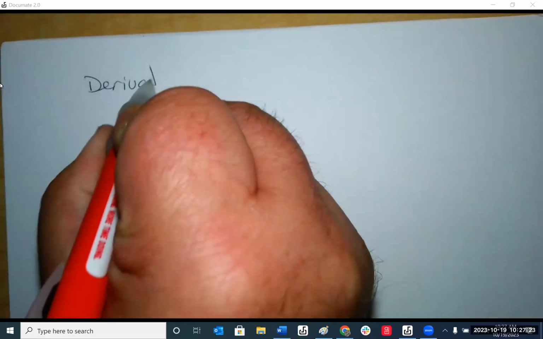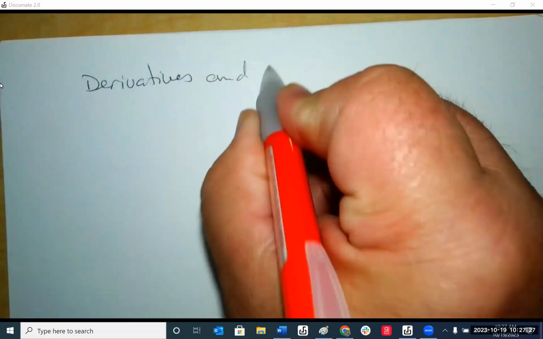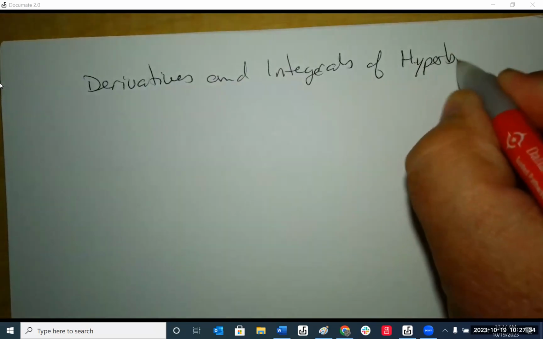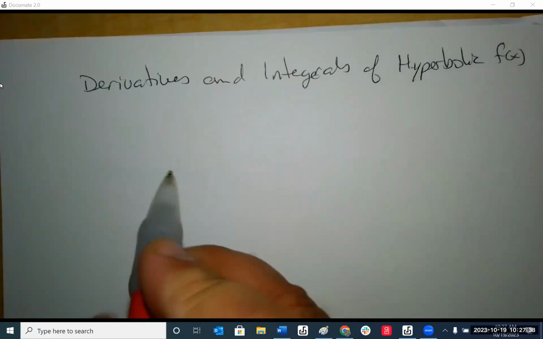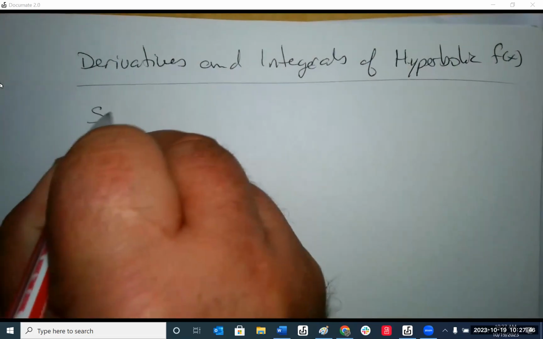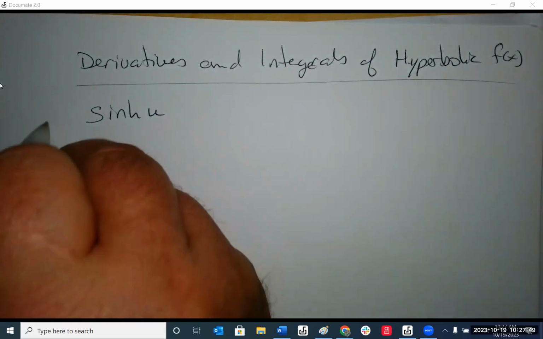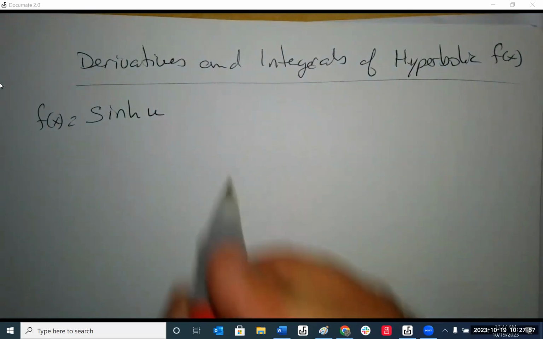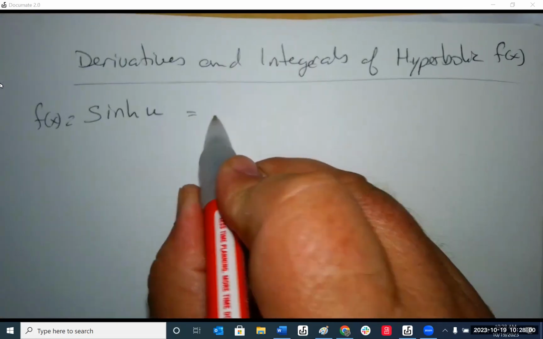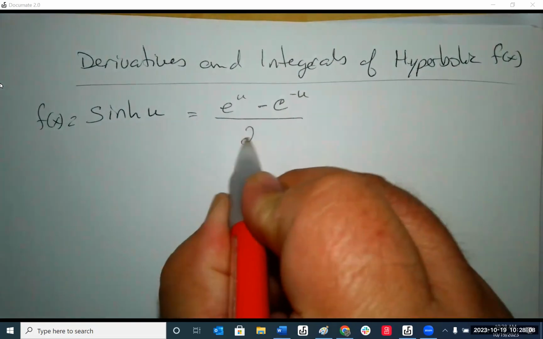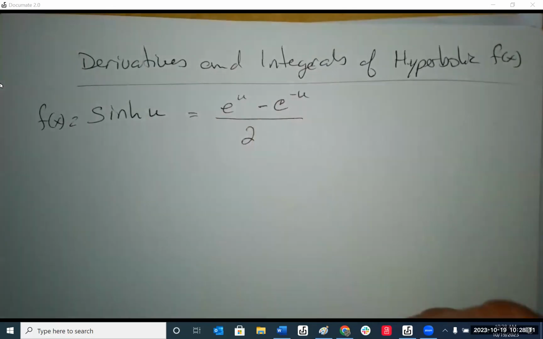So first thing, let's look at derivatives and integrals of hyperbolic functions. Let's say our function was the hyperbolic sine, sinh. We have to relate it back to our e functions, because then you would simply be taking the derivative with respect to the e values.